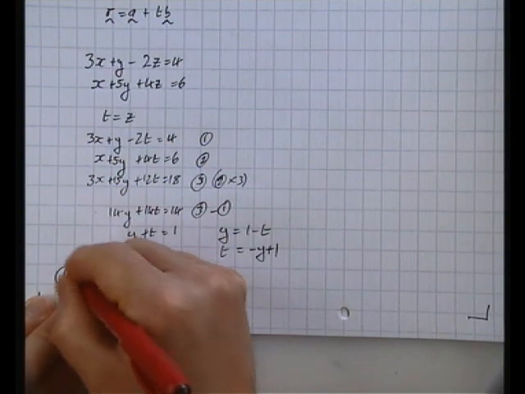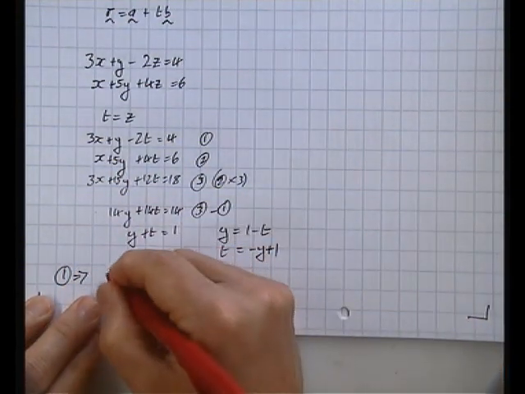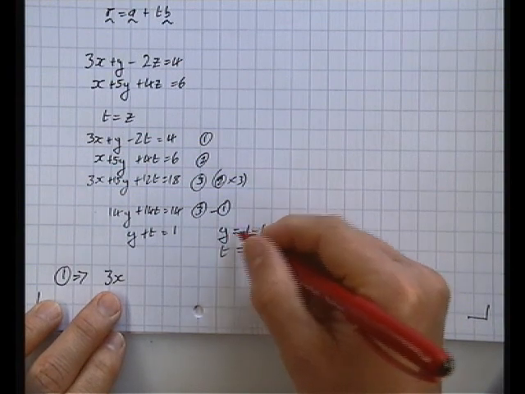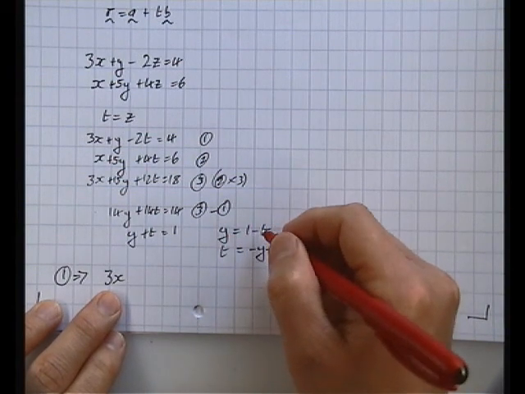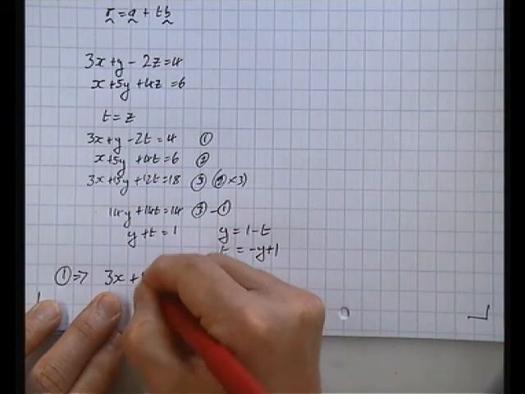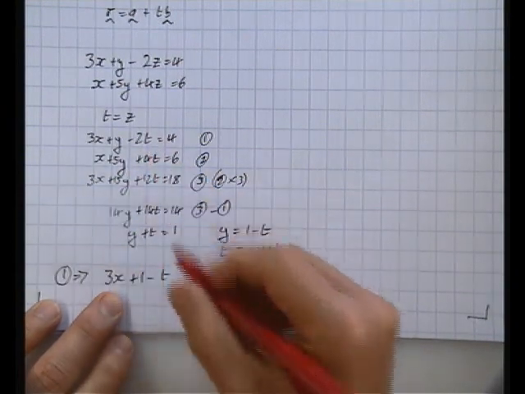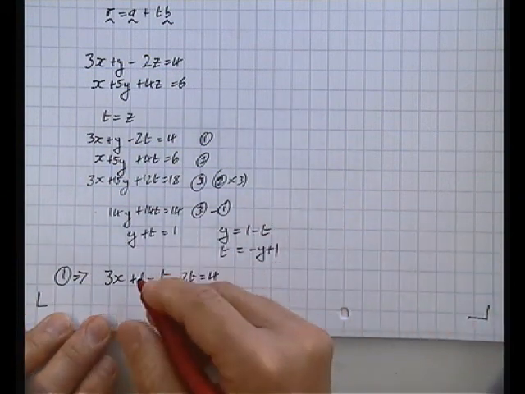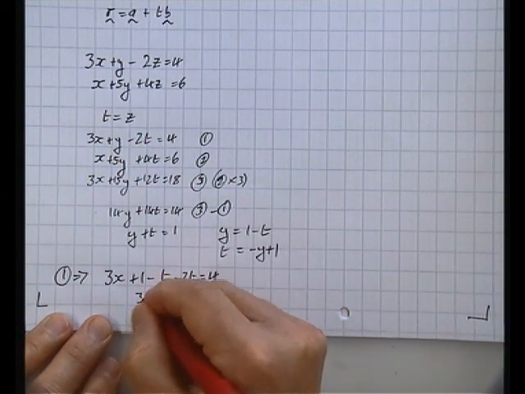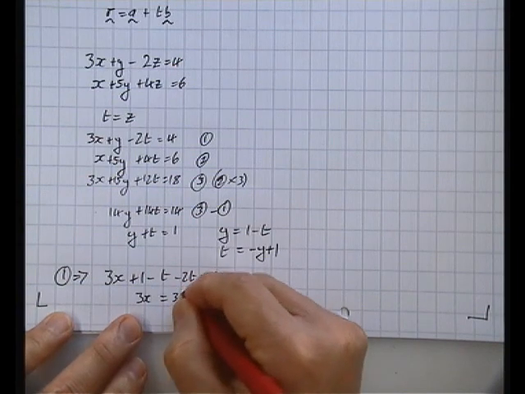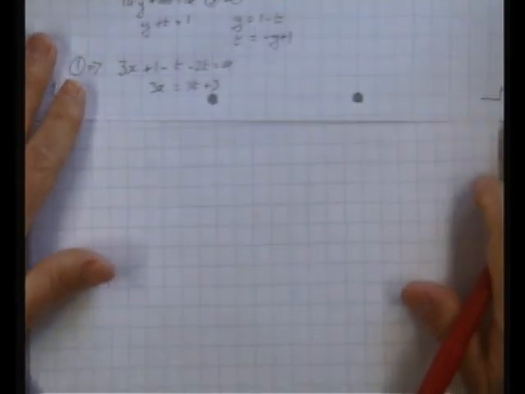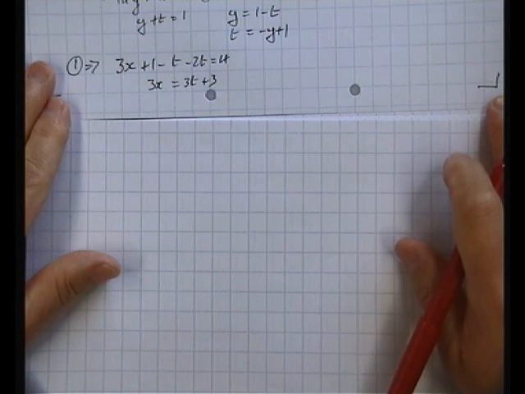So equation 1, I'm going to rewrite that as 3x. Now this is where we're going to need y as the subject. 3x + 1 - t - another 2t = 4, and that's going to get me 3x = 3t + 3.